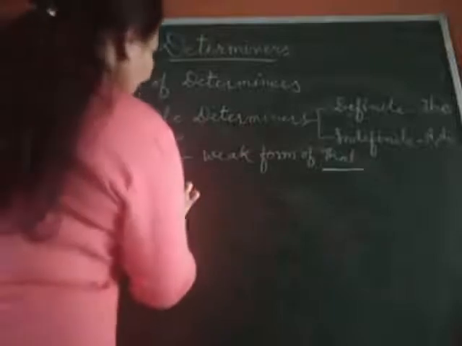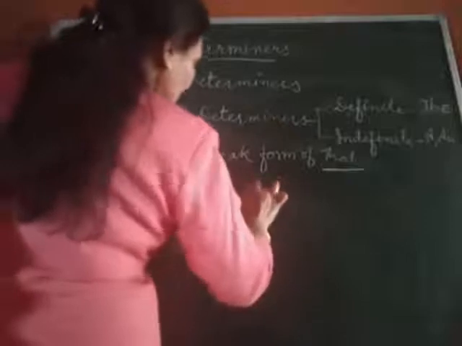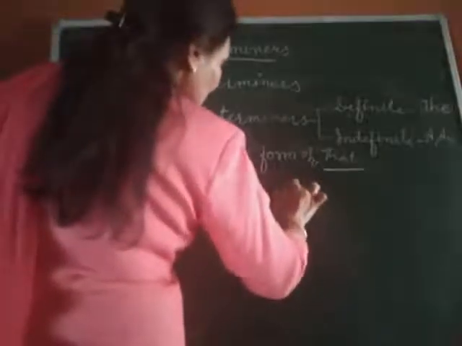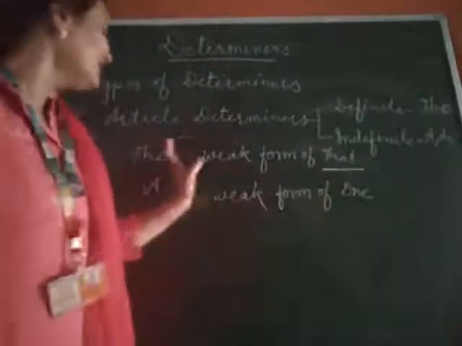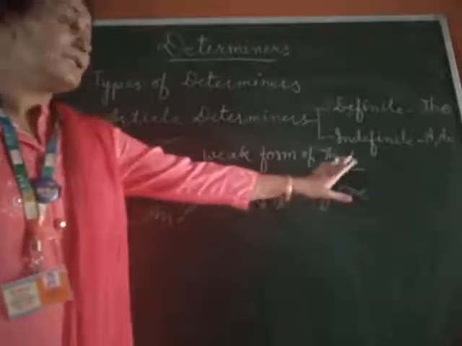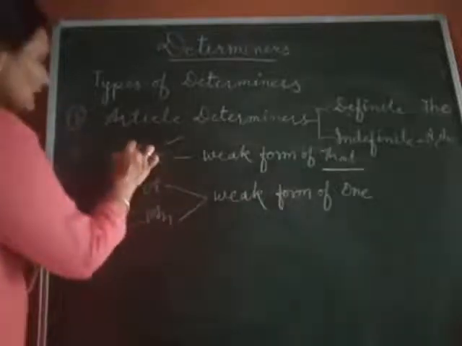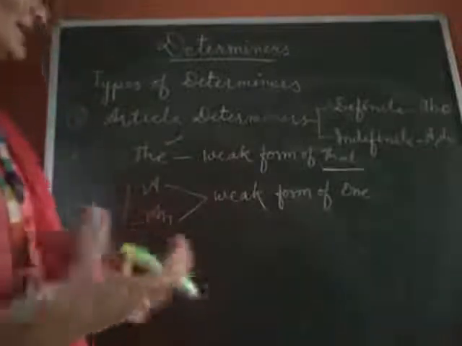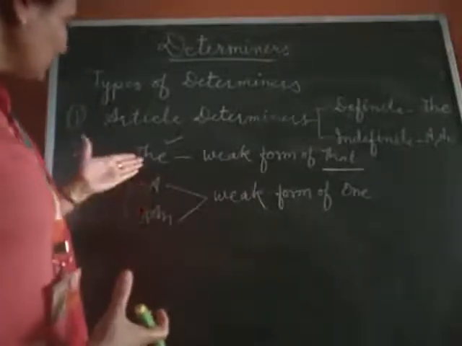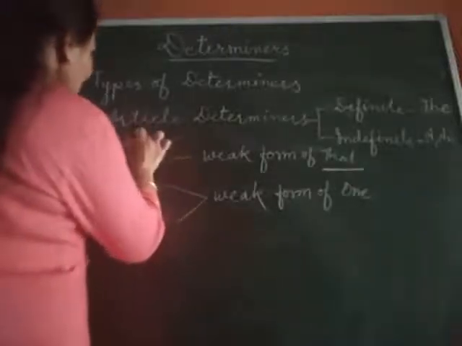So dear students, the is the weak form of that, and a or an are the weak form of one. Now we will talk about the pronunciation of these words.